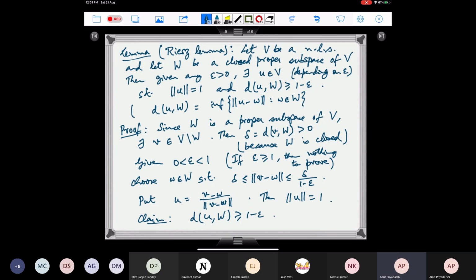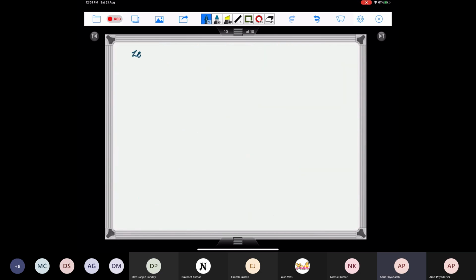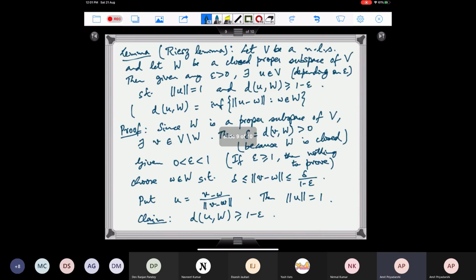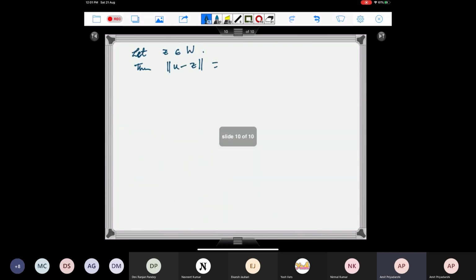So let z be any vector in W. Then we have to show that norm of u minus z is bigger than or equal to 1 minus epsilon. So what is u? We have written u as v minus w by norm v minus w.